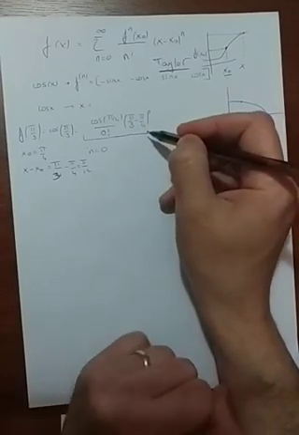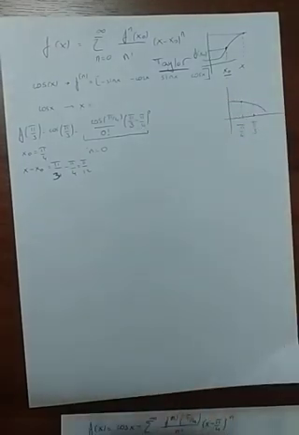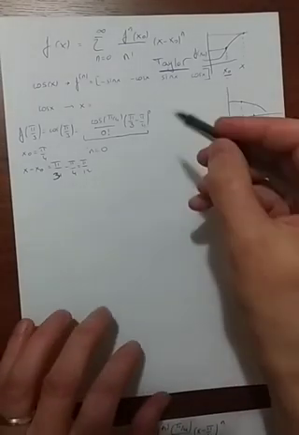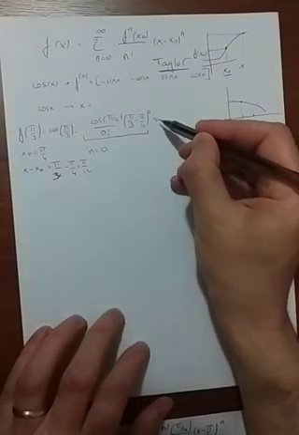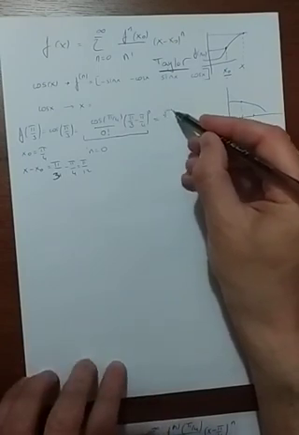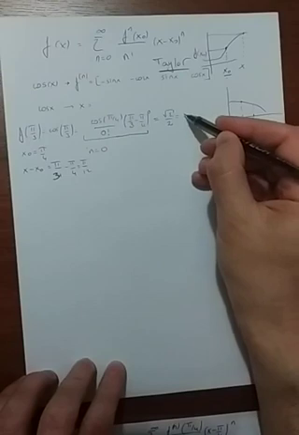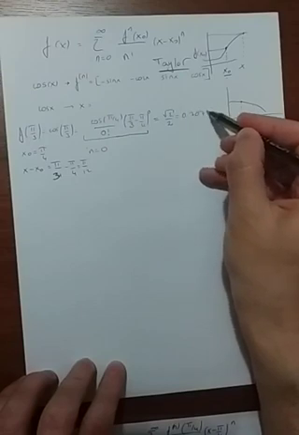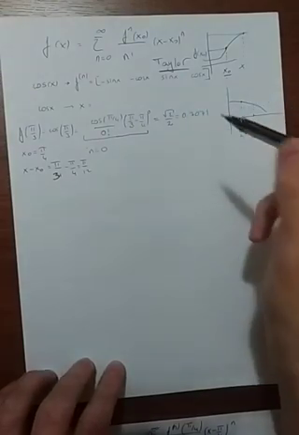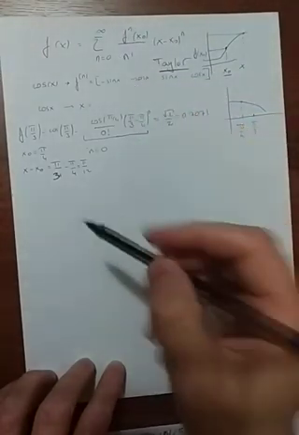So this is the zeroth order approximation, in this case just cosine of pi over 4. Cosine of pi over 4 is equal to square root of 2 over 2, which is around 0.7071. But this is if we take only the zeroth order.